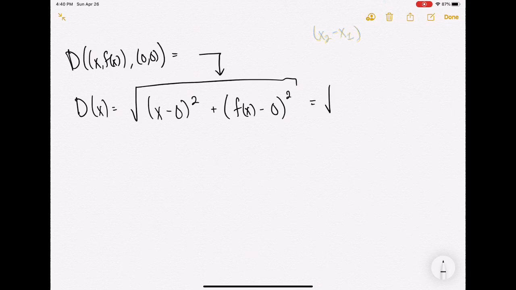This is really just the square root of x squared plus f of x squared. And I want to optimize this.